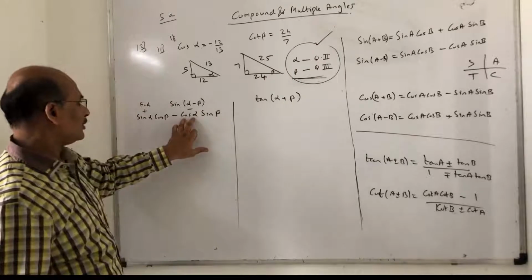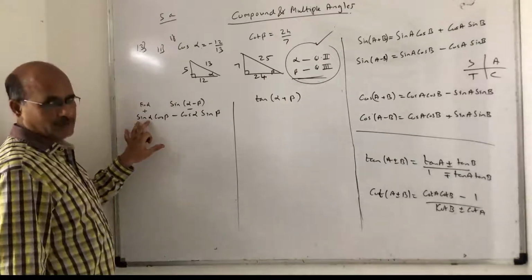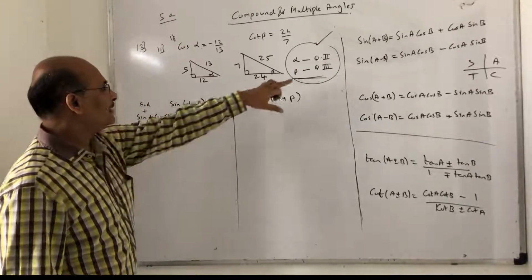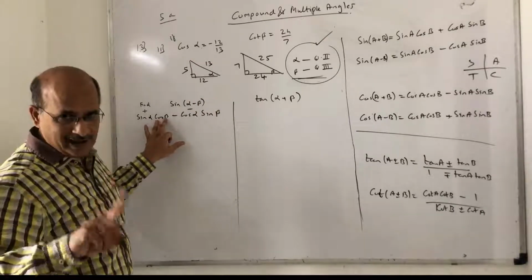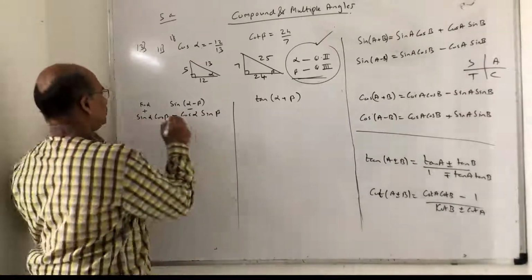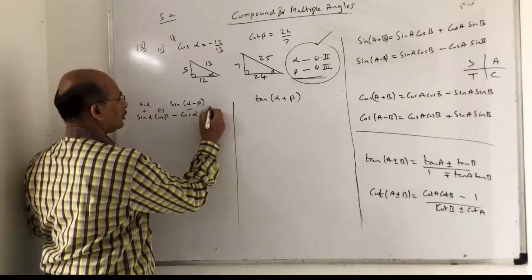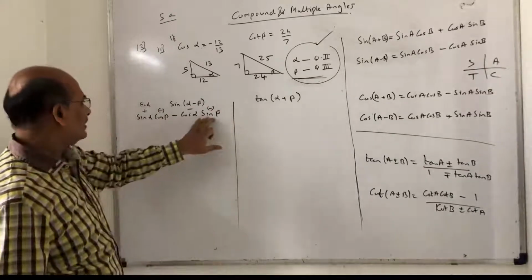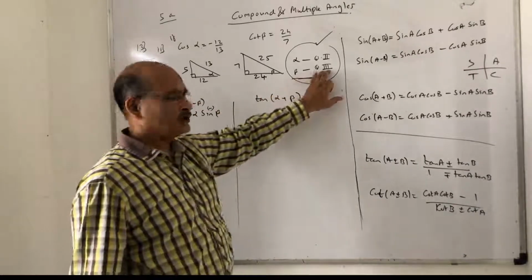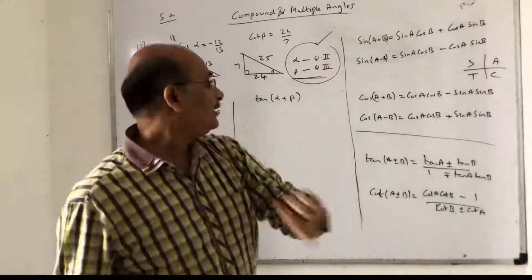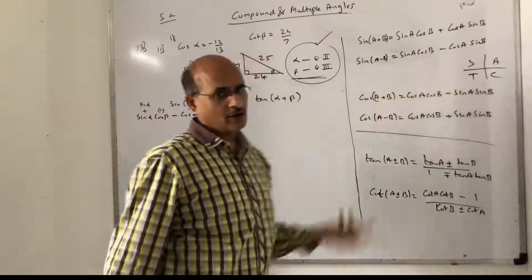Then beta is in quadrant 3. Quadrant 3: tan and cot are positive, so sine and cos both are negative in the third quadrant, because in the third quadrant only tan and cot are positive, remaining are all negative.